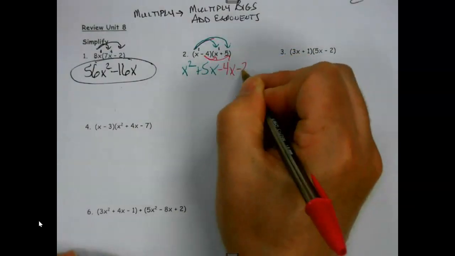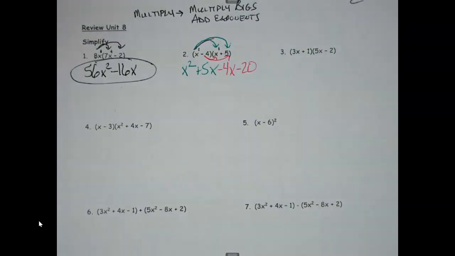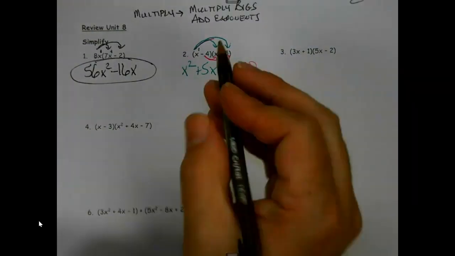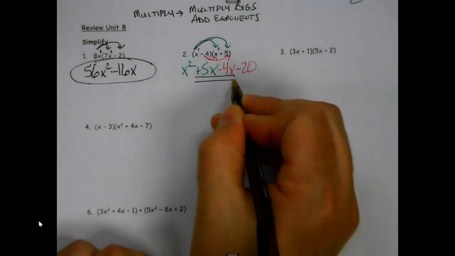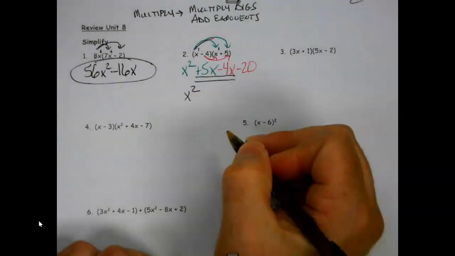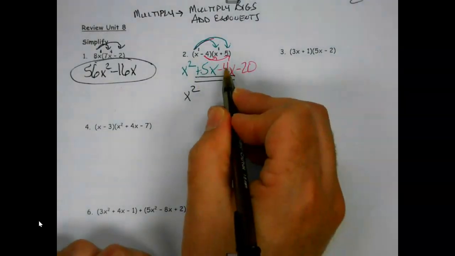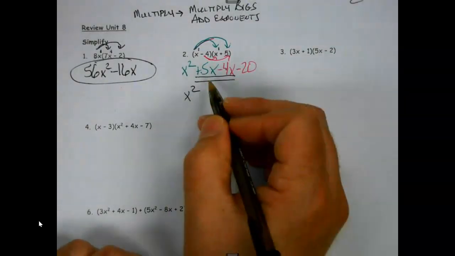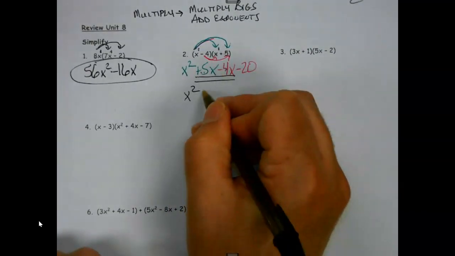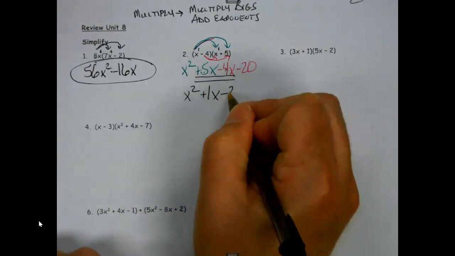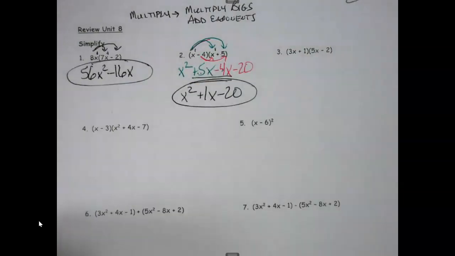And negative 4 times 5 is negative 20. I've got to make sure everything gets distributed through. And then if there's stuff that's alike, like terms, we can just combine those. 5 minus 4, we're not multiplying anymore. I'll add and subtract. So 5 minus 4 is 1. And I'm good.